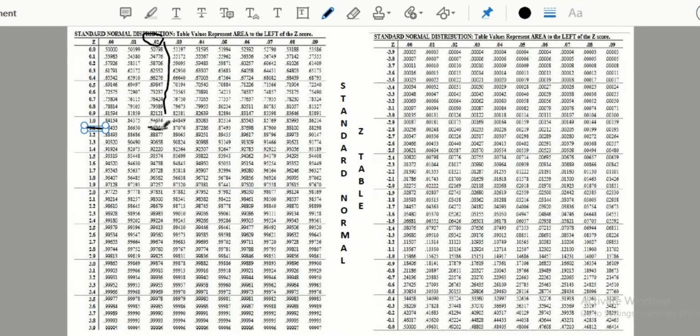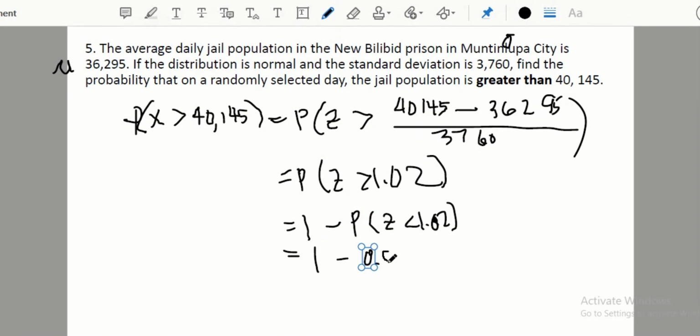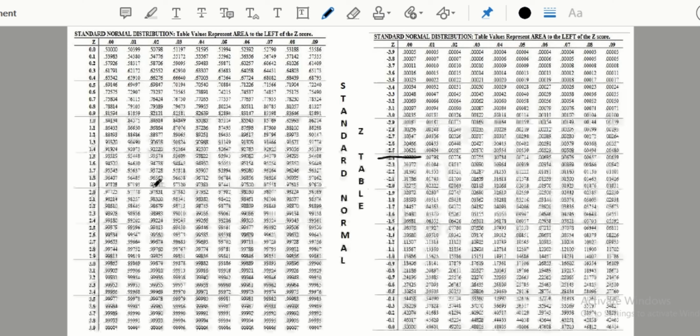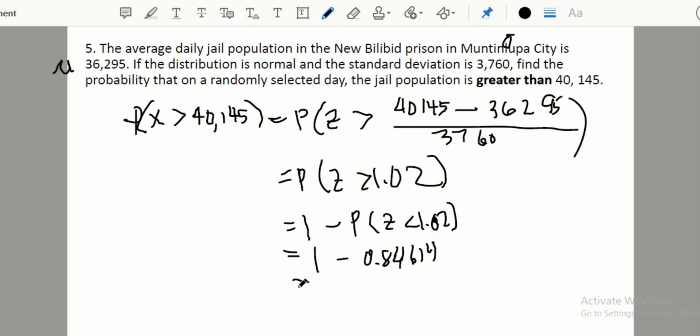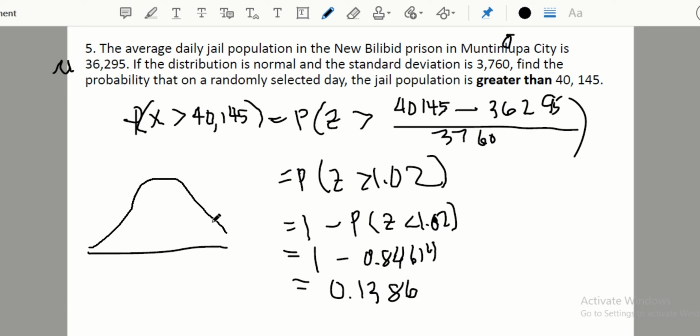So we have 0.84614. So we subtract this from 1 minus 0.84614, which is 0.1386.